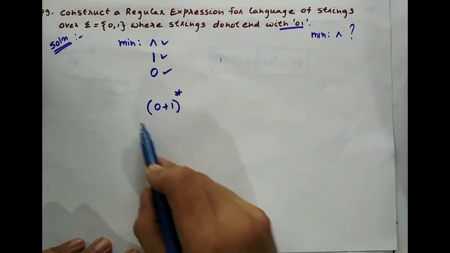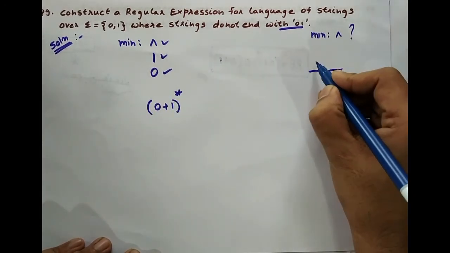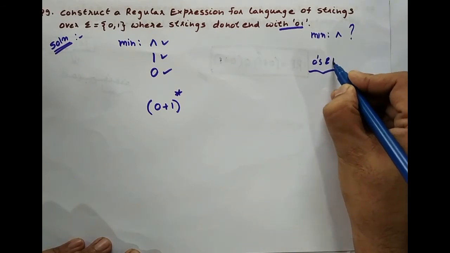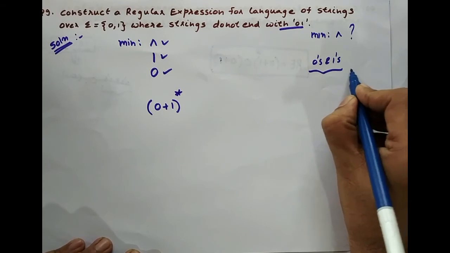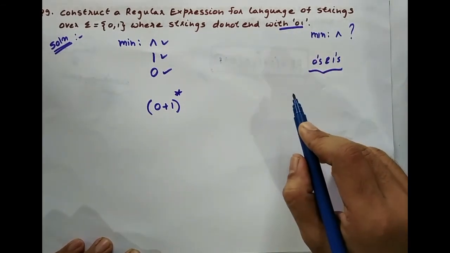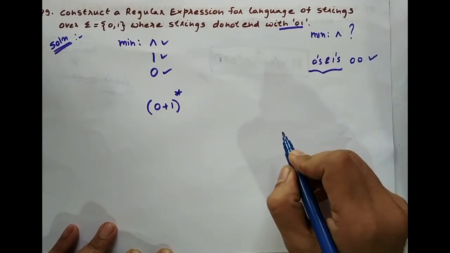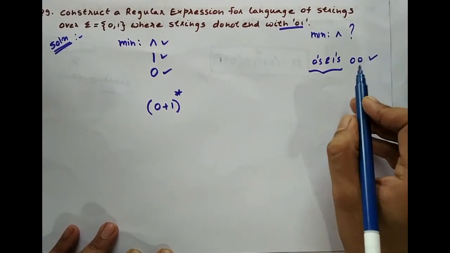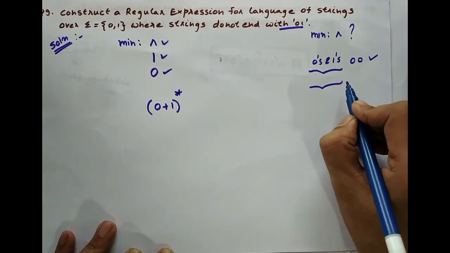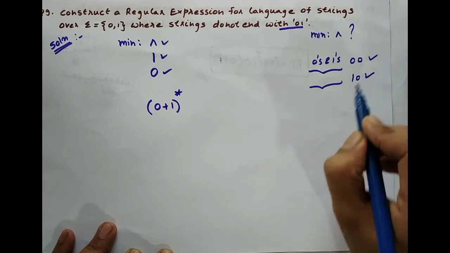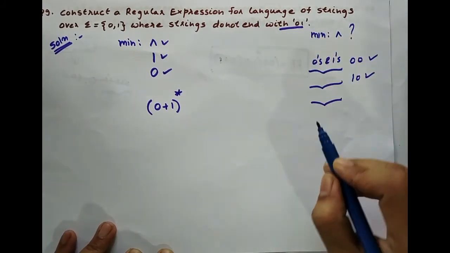The first half of the string could be any combination of zeros and ones, but the last 2 symbols should not be 01. So if it is not 01, can it be 00? Yes. Again, the first half can be anything, but for the last 2, can it be 10? Yes.